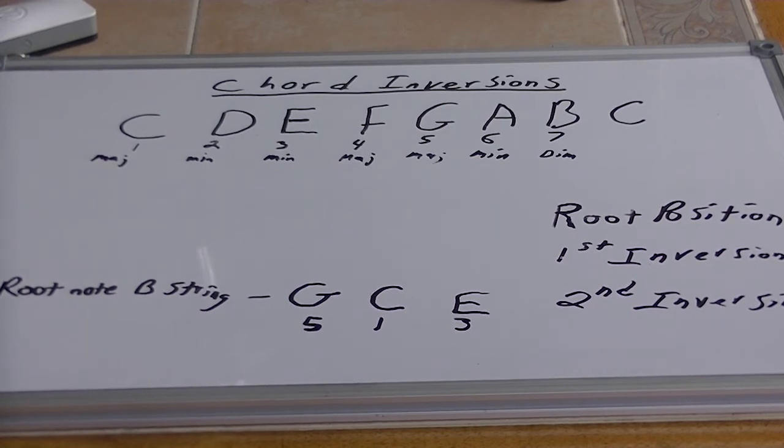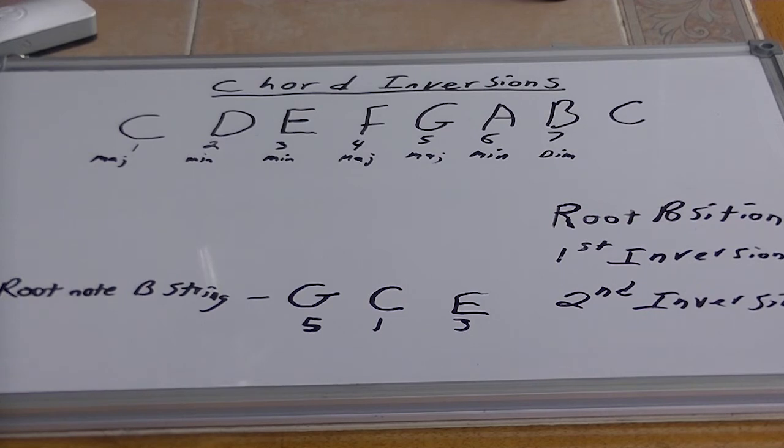Now let's just say we played a C minor chord. Well, in a minor chord, the third is flatted.